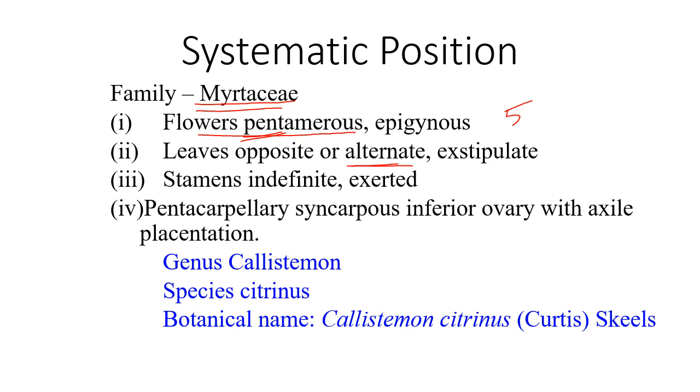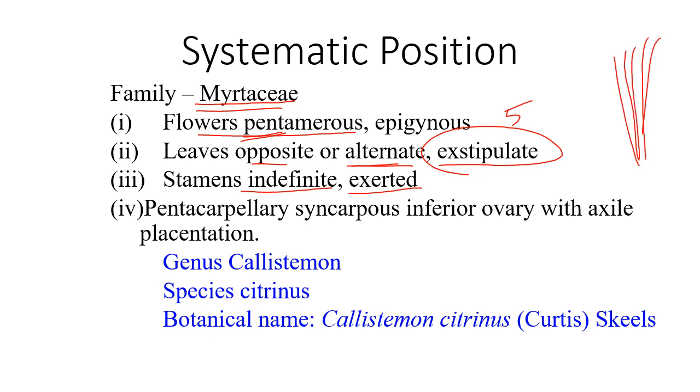We saw in this case they were spiral, but it is similar to the opposite or alternate kind of leaves, so that is not much difference, but the prominent characteristic is that the leaves are exstipulate, meaning without stipule, stamens are indefinite in number, and they are exserted. What is exserted? They are coming out of the flower, out of the corolla tube.